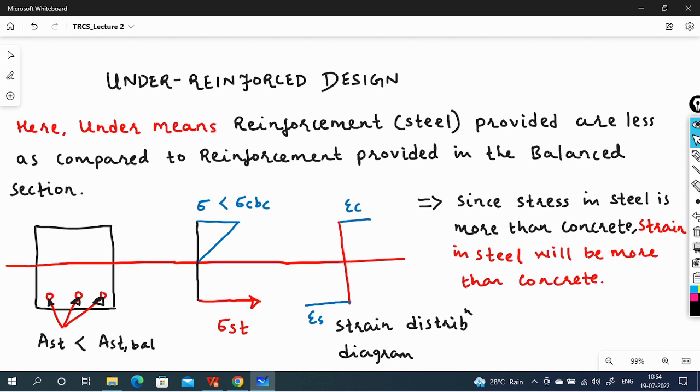So you see what is happening here: the triangular portion below the neutral axis becomes larger and larger, and the triangular portion above the neutral axis becomes smaller, which is an indication that the neutral axis is shifting upward. The depth of the neutral axis is becoming smaller. Okay, so x is the actual depth of the neutral axis, x balance is the balanced depth of the neutral axis we discussed in the balanced design section.